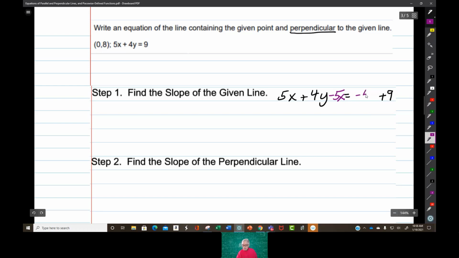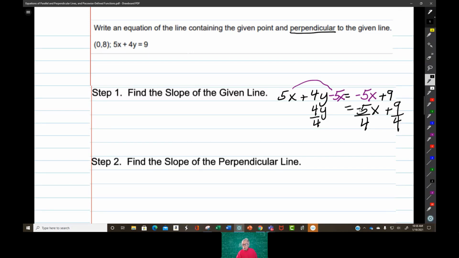All right. 5x minus 5x is 0. So I'm left with 4y equals negative 5x plus 9. Then I divide by 4, and I divide by 4, and I divide by 4, although we don't really care about 9/4.